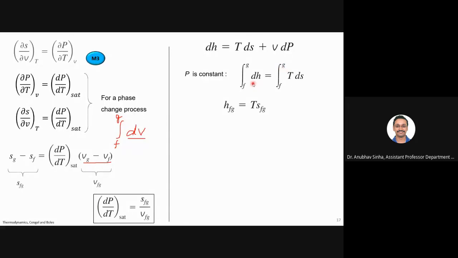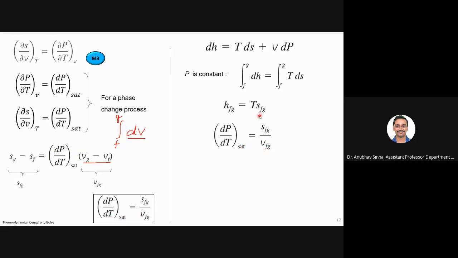So if you do that, again I will get something like H, so Hg minus Hf. Let us write Hfg. And TdS, if you integrate between these limits, it becomes Sfg. So this is what we had from here, right? dP by dT at saturation is equal to Sfg by Vfg.